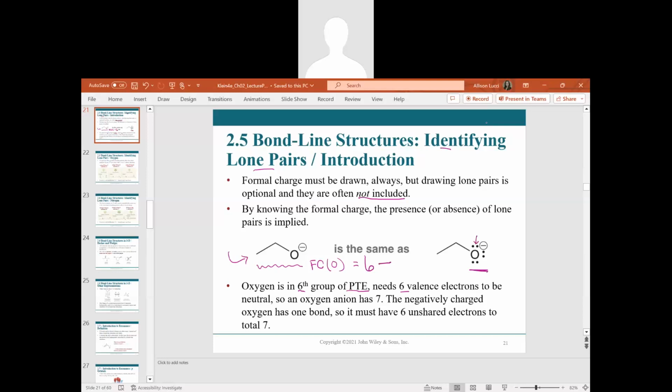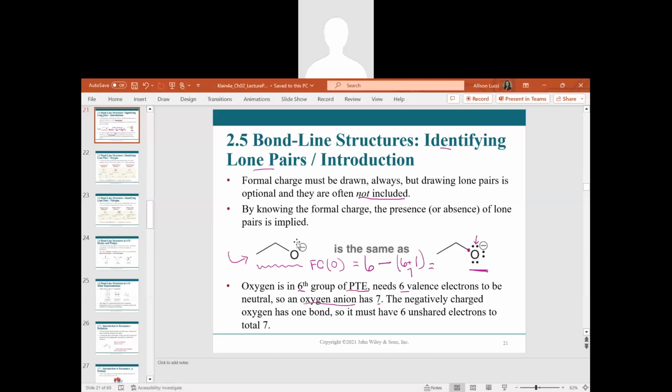So we add each one of these, so 6 plus the 1 electron from the bond here. So we get 6 minus 7, right? So we have an oxygen anion, would have 7 electrons total. So we get that -1 formal charge.